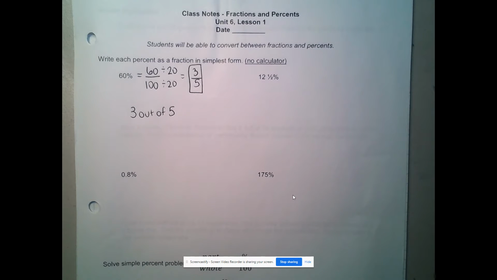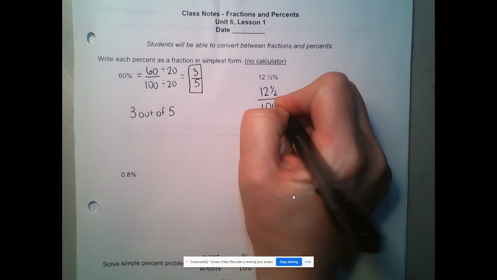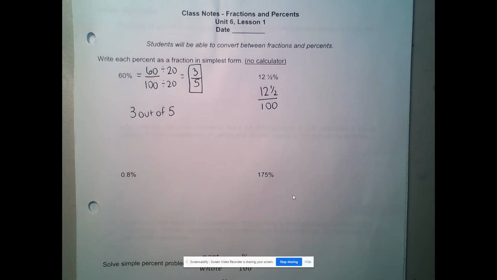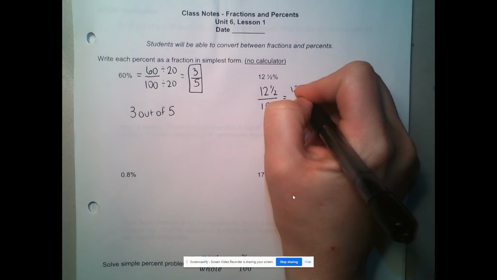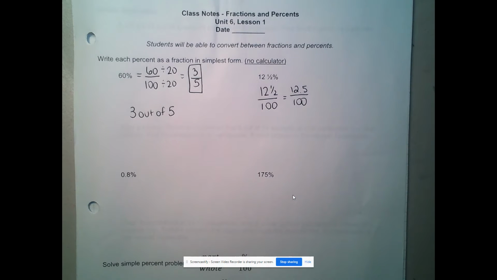All right, so 12.5%. So we had a strategy last time where we did 12.5 divided by 100. Well, this time we want it as a fraction. So we're going to say 12.5 over 100. And in order to say, well, what do I do with that decimal, Miss Fraser?